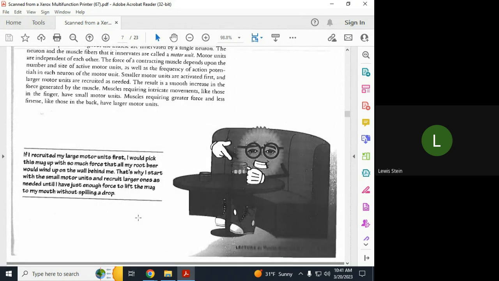All my root beer will wind up on the... I love that. I'm a root beer person. Root beer float, can't go wrong. Oh, yeah. Brown cow.